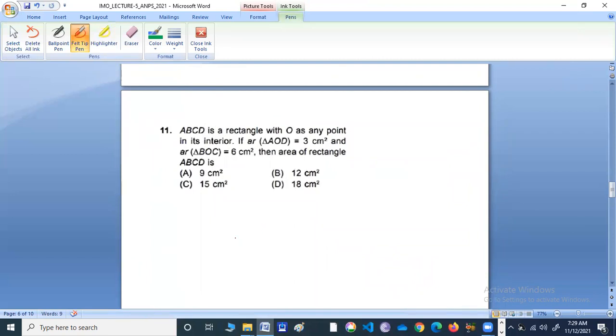ABCD is a rectangle with O as any point in its interior. So let us draw a rectangle. O is any point in its interior. Okay. So A, B, C, D.